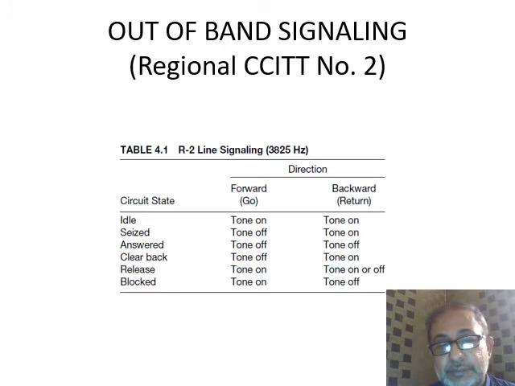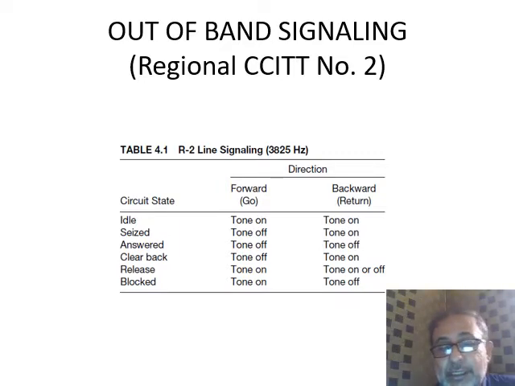In such a system, if the circuit state was idle, for example, in R2 line signaling, which used 3825 Hz, the forward path was turned on, and the backward or the return path was also on. It meant that the circuit is idle.